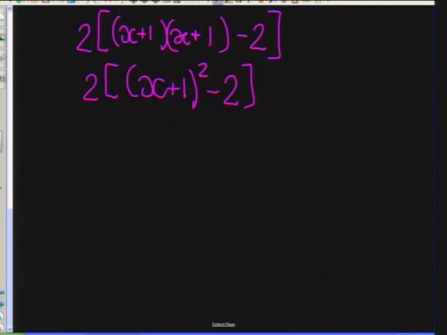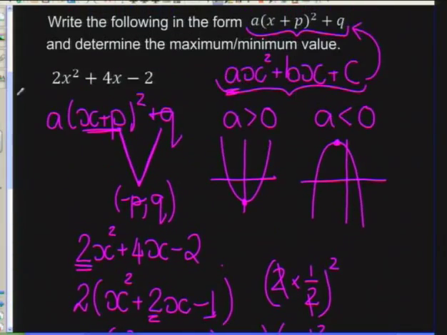And what we mustn't forget is that this 2 does need to distribute back into both terms of your bracket. So we're going to have 2(x plus 1) squared minus 4.